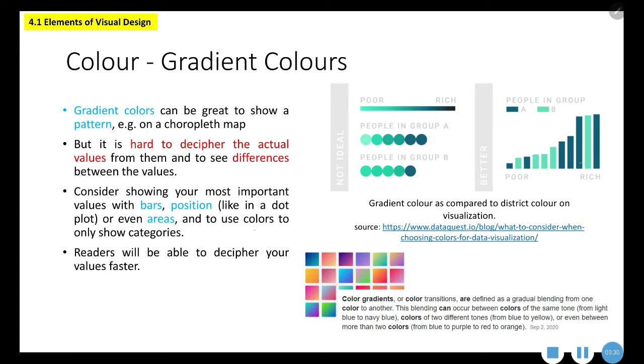So we know that many A people are within the group of richer people as compared to B people. It's easier to digest the values faster rather than this. The gradient doesn't actually bring the accurate meaning to the reader.